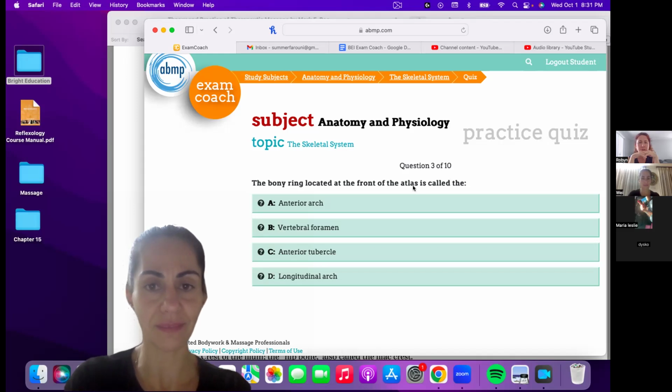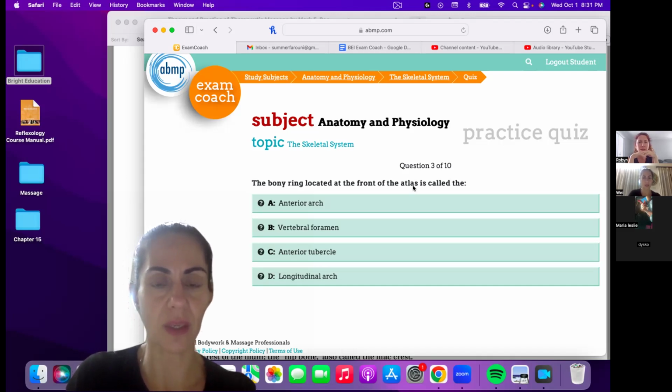C1. At this point, just guess it because we didn't do specific anatomy of it yet. Well, I think it's an arch because the other ones don't make sense. Anterior or longitudinal? The front, anterior, I guess.